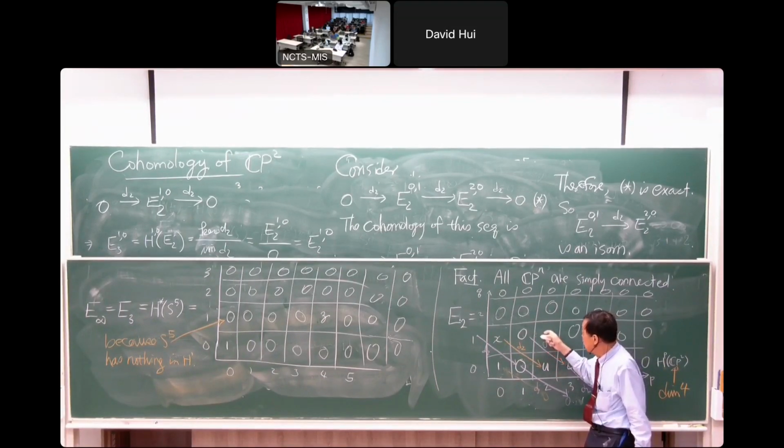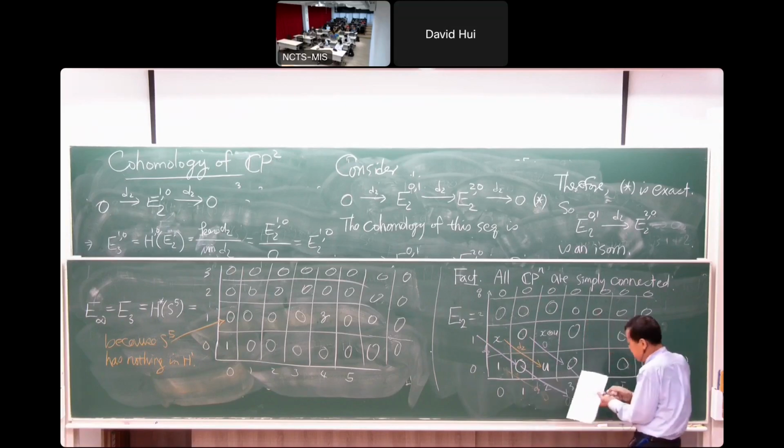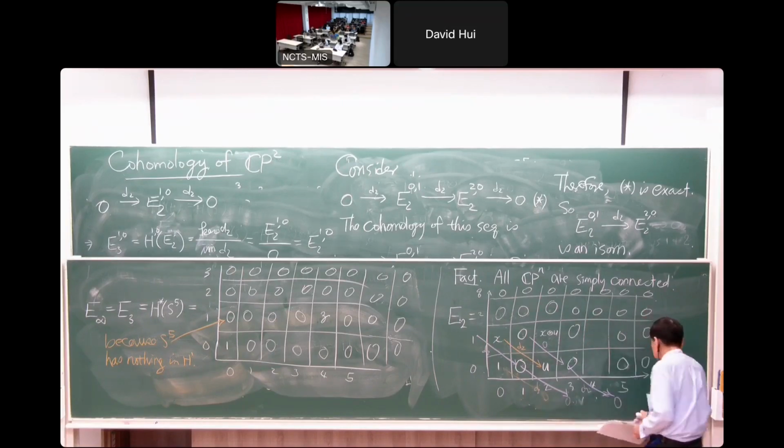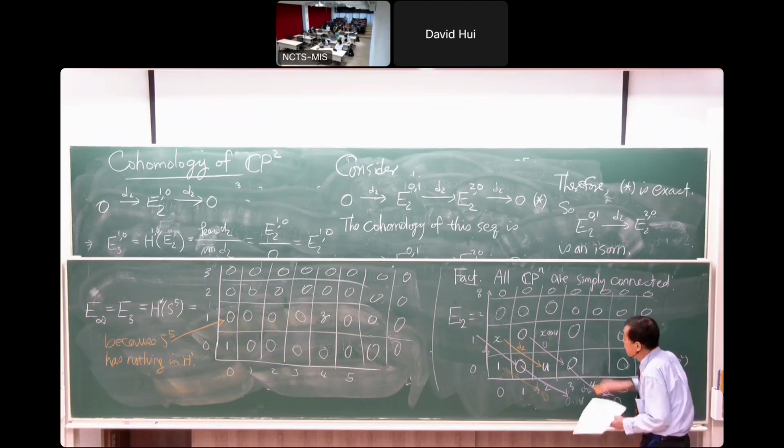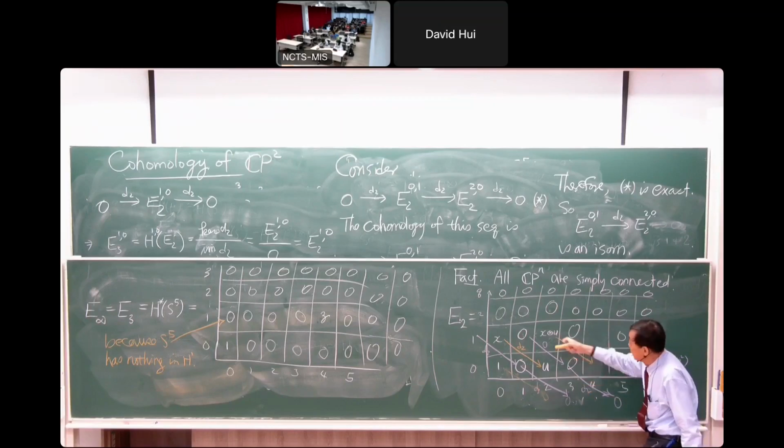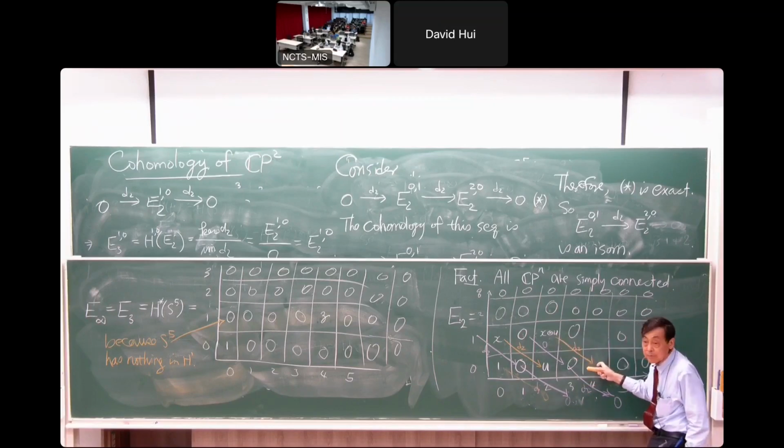So this will be R because it's R tensor R, and its generator will be X tensor U. Exactly the same argument will say that this is also an isomorphism.